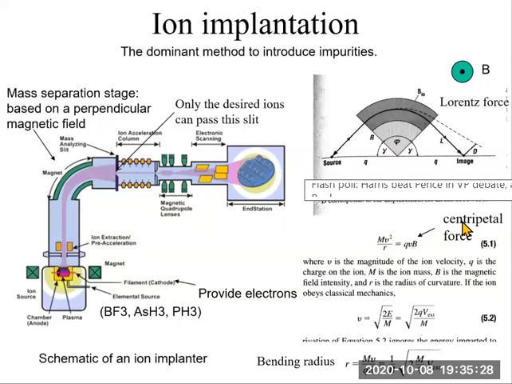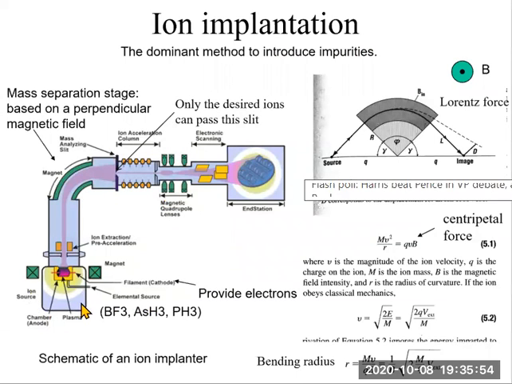Okay, now let's take a look at ion implantation. Note that this is the dominant method to introduce impurities, or the method to dope silicon or polysilicon. This figure shows a schematic of an ion implanter.